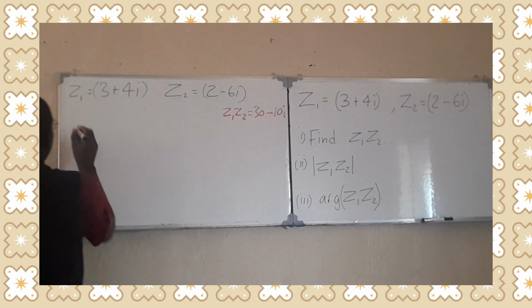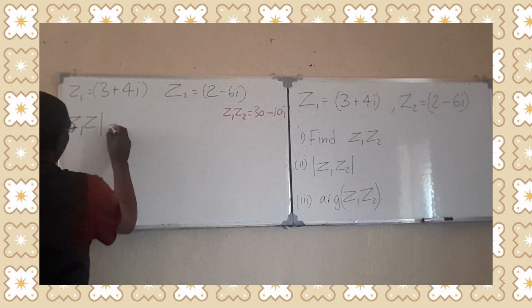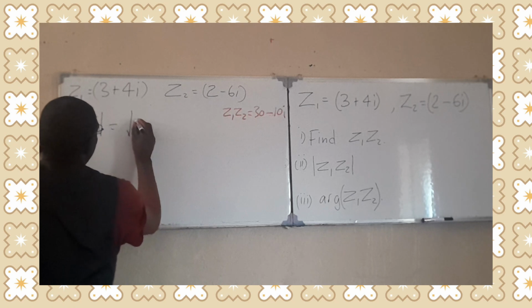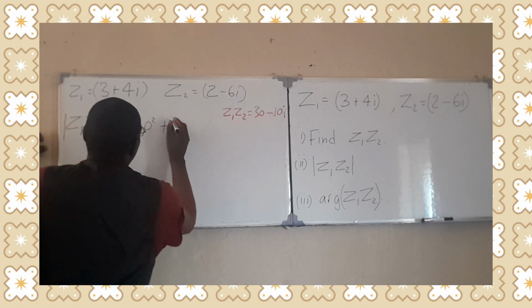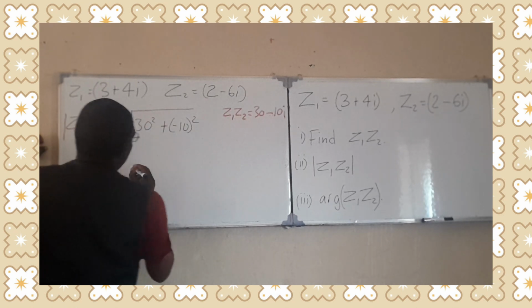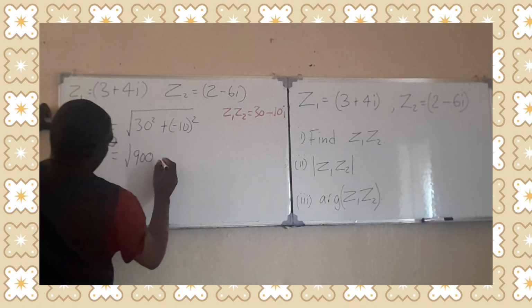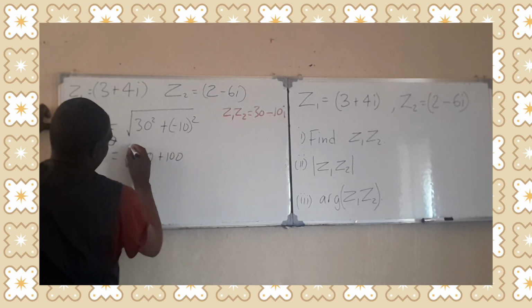So we want the modulus of Z1 Z2, and it's equal to the square root of 30 squared plus minus 10 squared, which is equal to the square root of, 30 squared is 900 and minus 10 squared is 100.